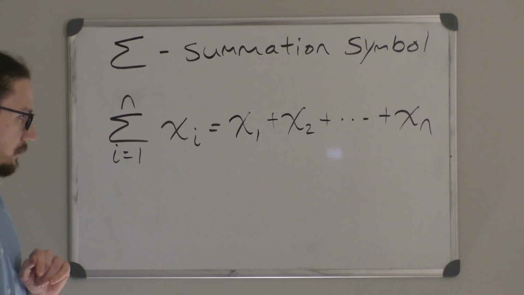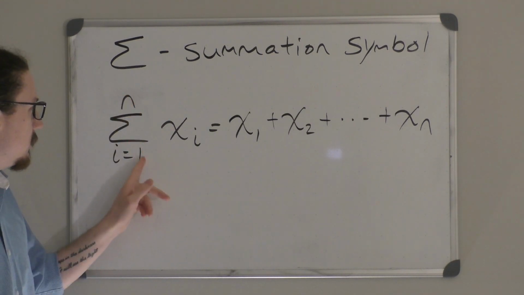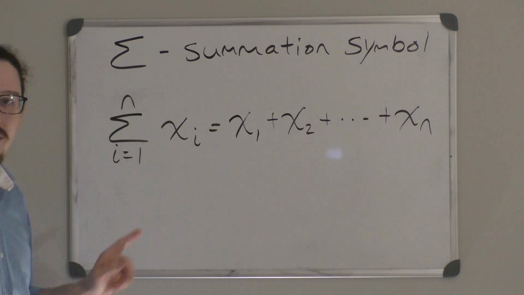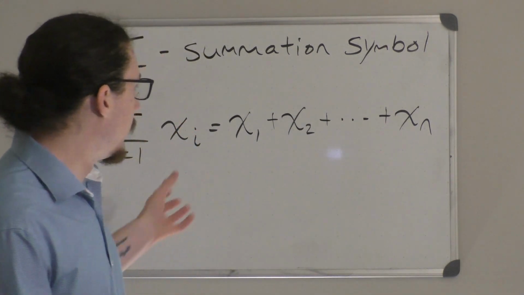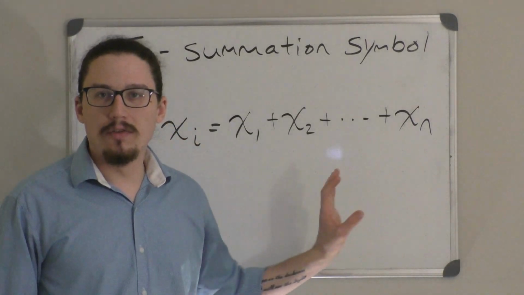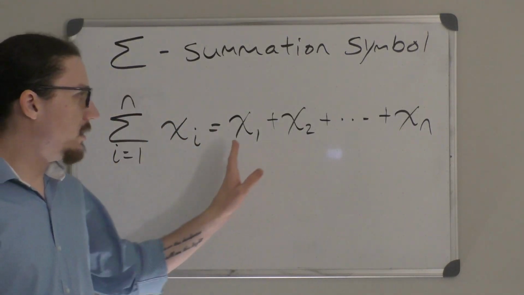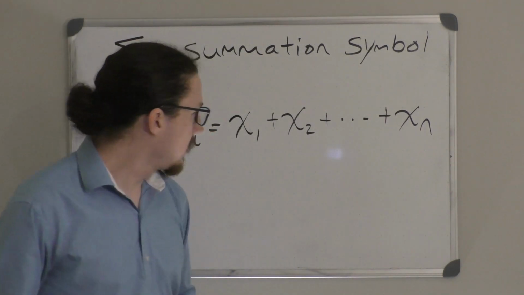Again, we're usually not going to be using these pieces up here, the i equals 1 and the n. Those are just going to be implied, but those are there, and that is what it's telling us to do. Once we get out of the generic formula version, these will be actual numbers, and so you will just be adding them up.